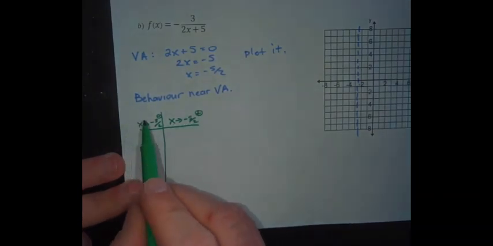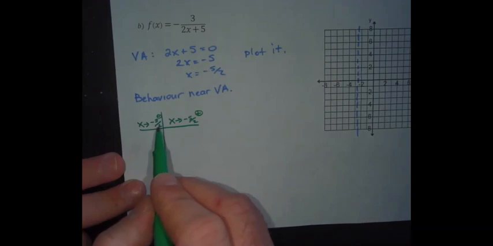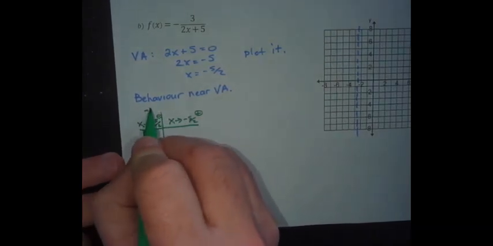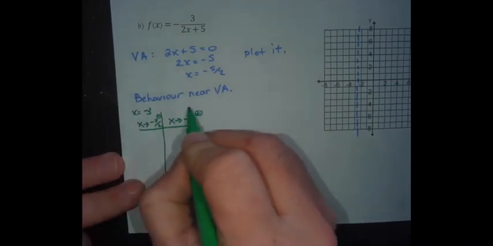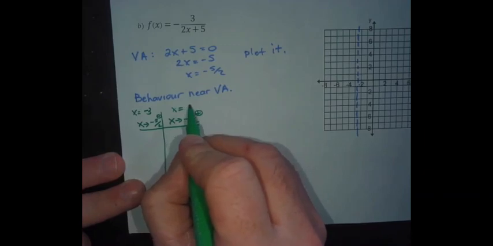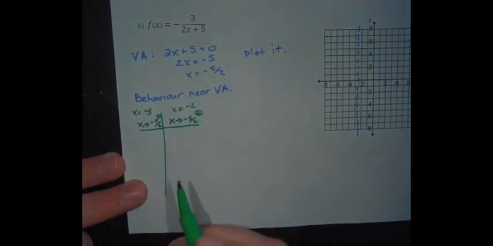So think about the interval going from the left, this is the right. Let's say we picked negative 3 as our test point, and negative 2 as our other test point.